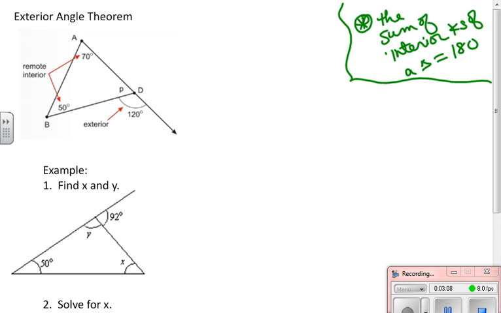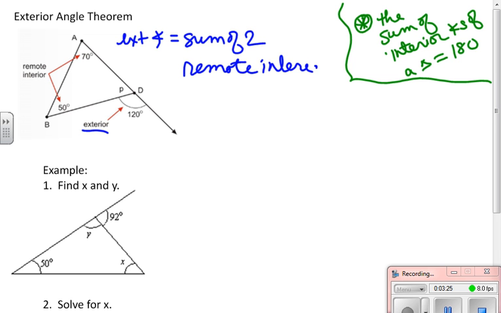Now we're going to talk about finding one of those exterior angles. So the exterior angle theorem says the exterior angle is equal to the sum of the two remote interior angles. And remote means far away.